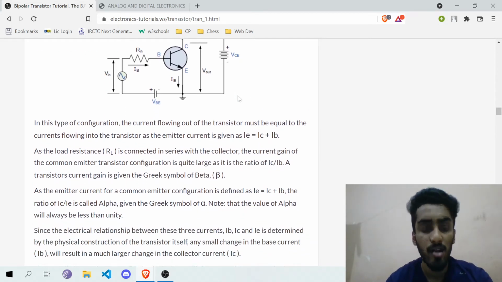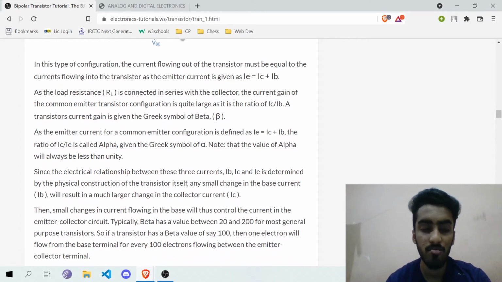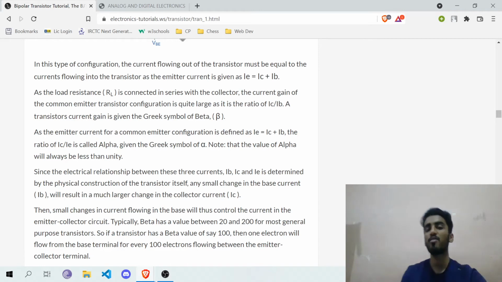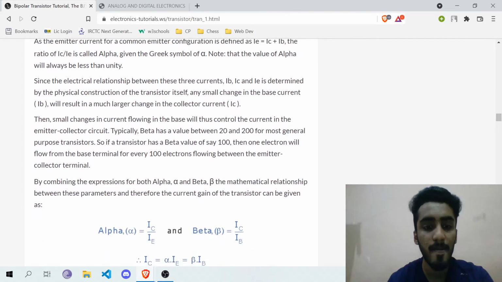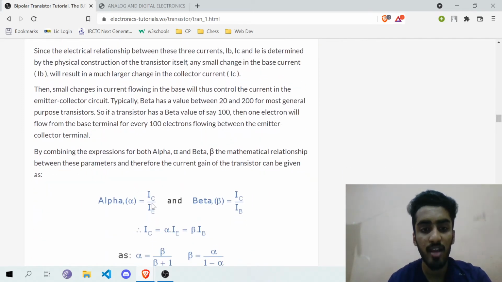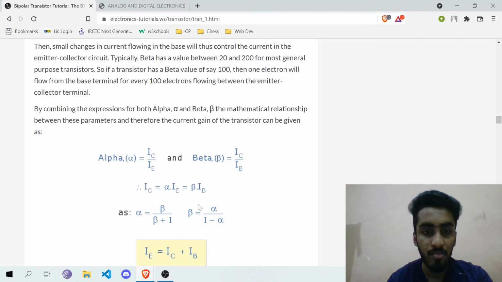And we can also make some relation between alpha and beta. As we know that alpha is IC by IE, that is the ratio of collector current to emitter current, and beta is IC by IB, we know that IC is equal to alpha IE, which is equal to beta into IB.